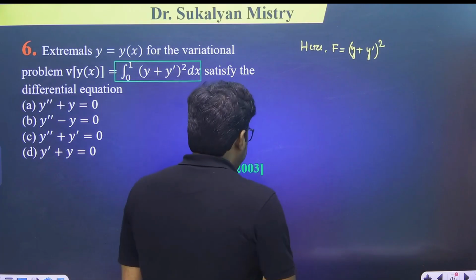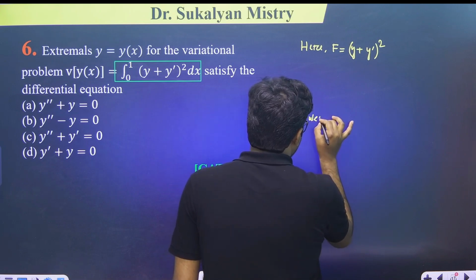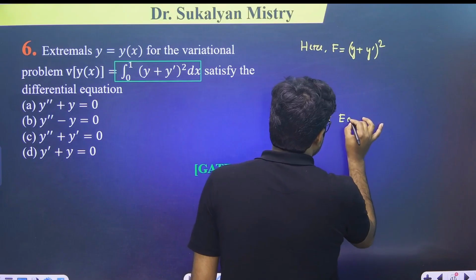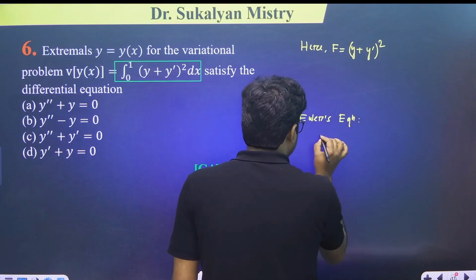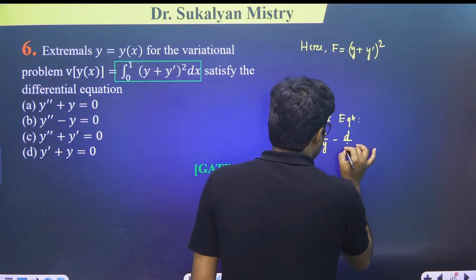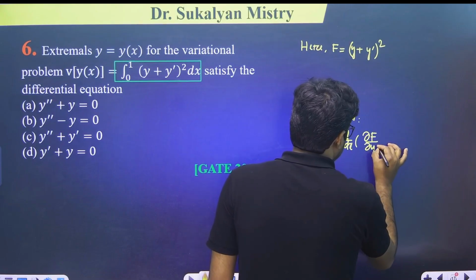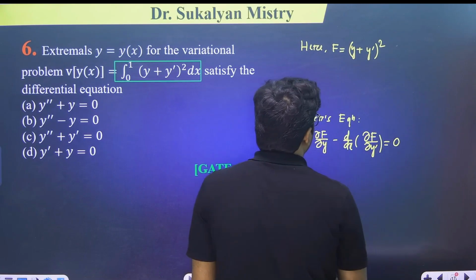So what is Euler's equation? Euler's equation is del f del y minus d/dx of del f del y dash is equal to 0.